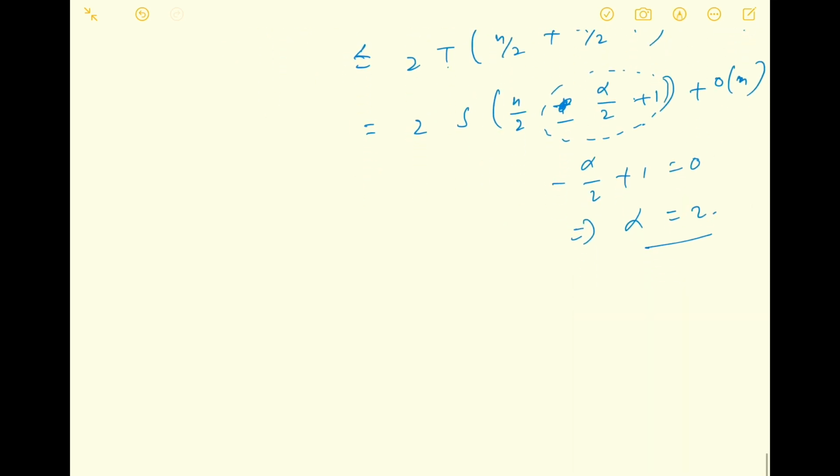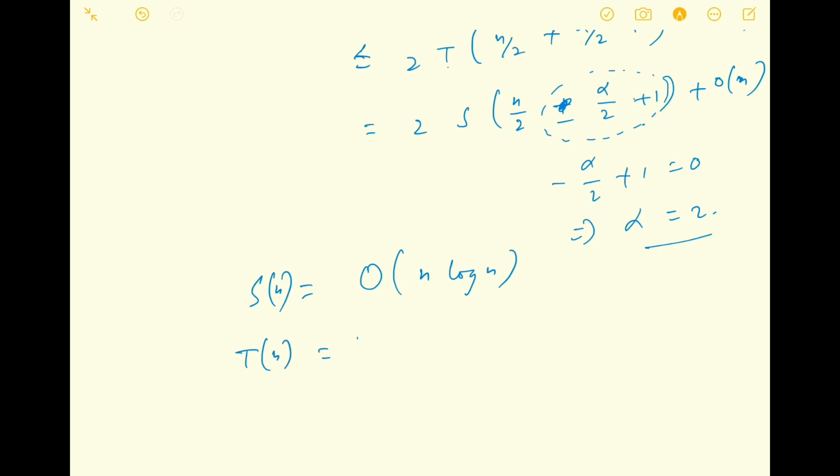Now follow our method, either master theorem or recurrence tree. You will see that Sn equals big O of n log n. But our goal is to solve Tn.